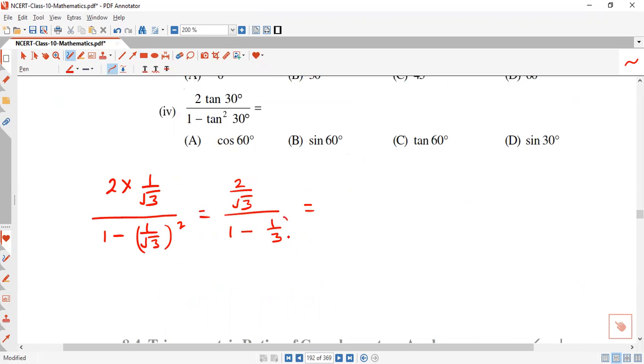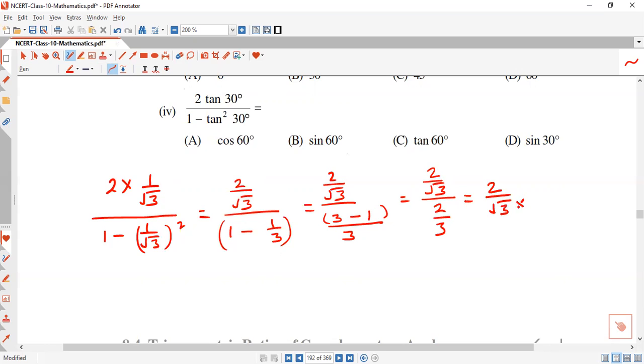The whole factor is 2 upon root 3. Simplify this one. You are taking the LCM. You are getting 3 as the LCM. It comes out 3 minus 1. So it will be 2 by root 3 divided by 2 by 3, or you can say 2 by root 3 into 3 by 2. The 2 cancels out.